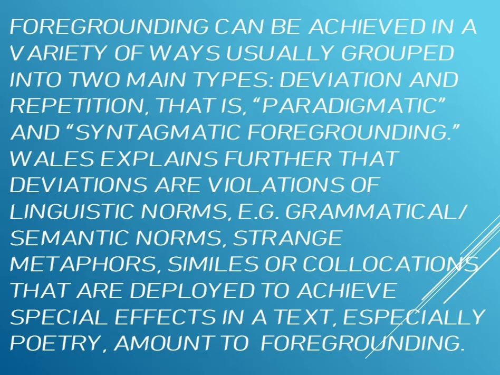Foregrounding can be achieved in a variety of ways, usually grouped into two main types: deviation and repetition, that is, paradigmatic and syntagmatic foregrounding. Wales explains further that deviations are violations of linguistic norms, for example, grammatical or semantic norms.